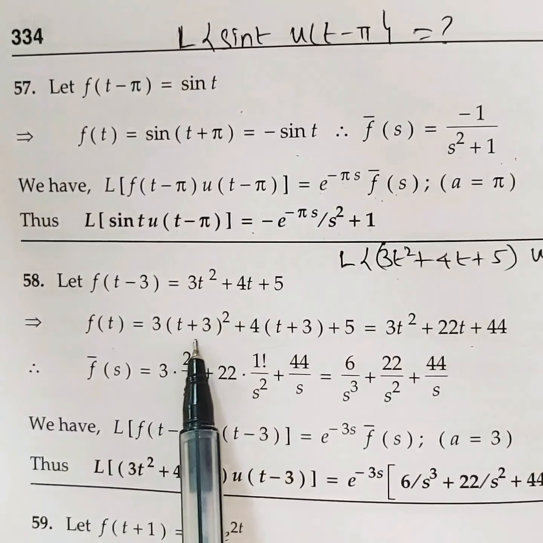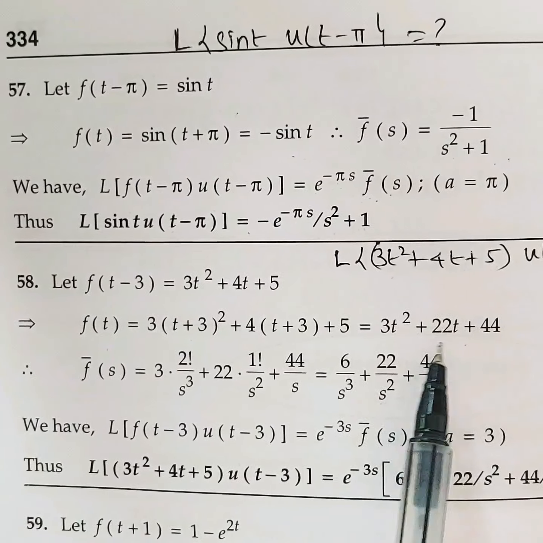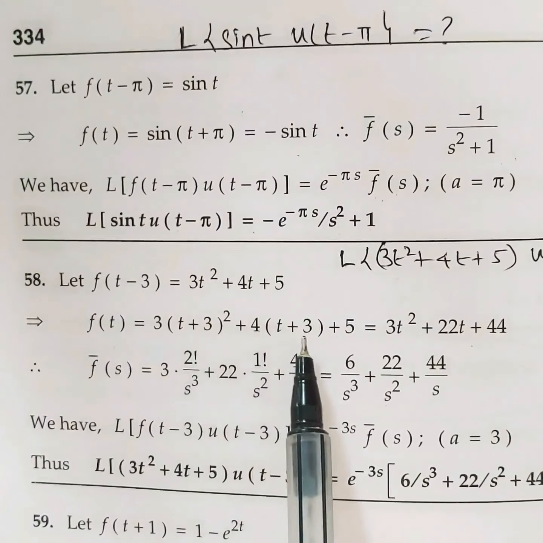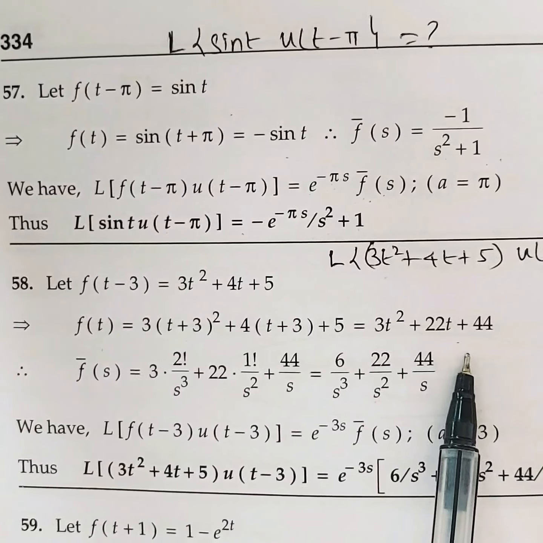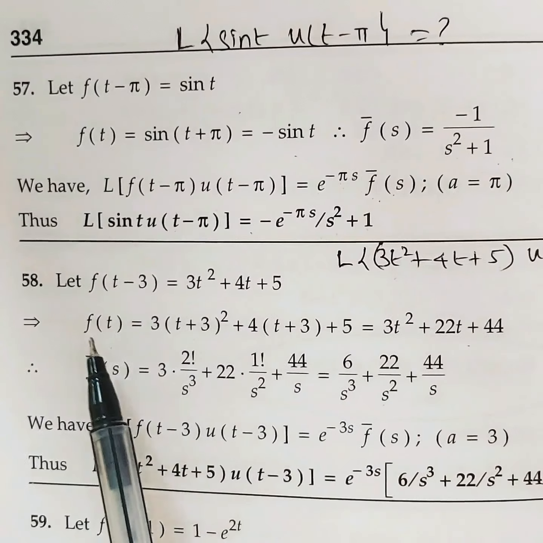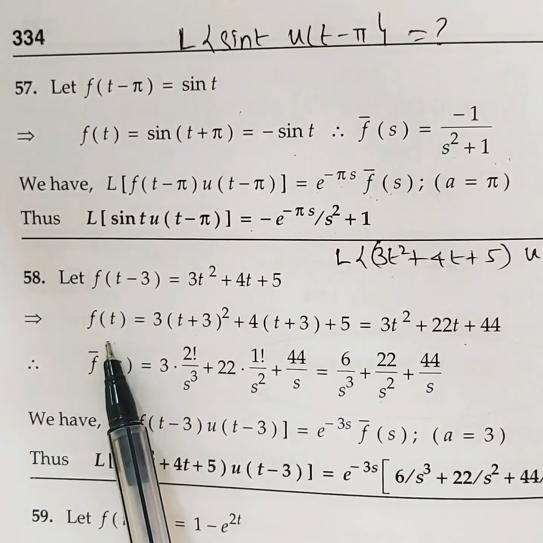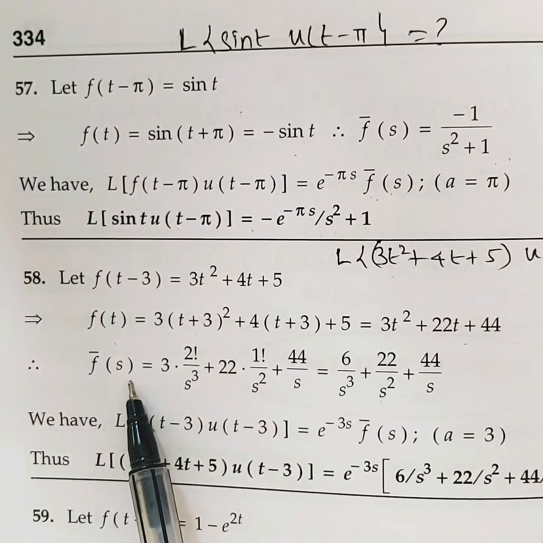So here we have 18t plus 4t, so we have 22t. Just a simplification. And then again we will get a constant term, 12 plus 5. So we get this answer. So now we got f of t. What is given is f of t minus 3. Now for this f of t you have to find the Laplace transform.